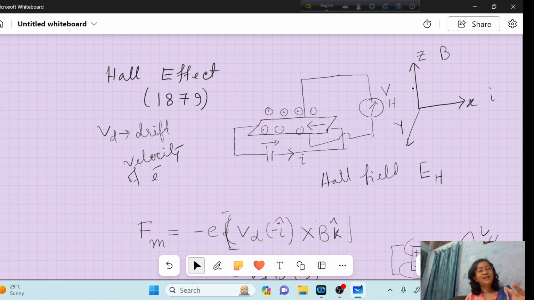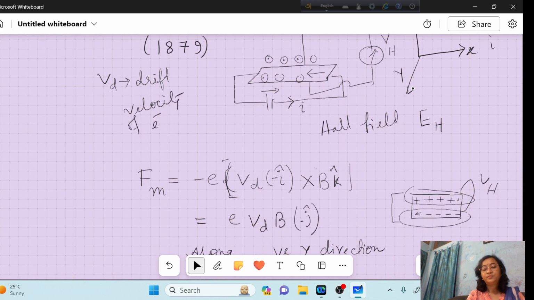You can apply it like this. So we can see that the electrons will move in the downward direction. So there will be accumulation of negative charge on the bottom surface, and consequently positive charge on the upper surface. So there is a potential difference across these two surfaces. Therefore, we get what we know as the Hall voltage.